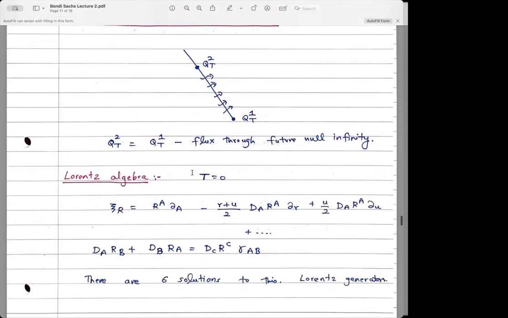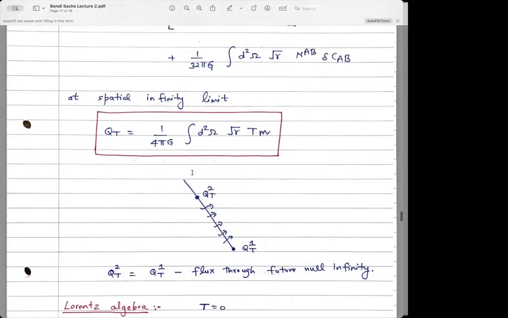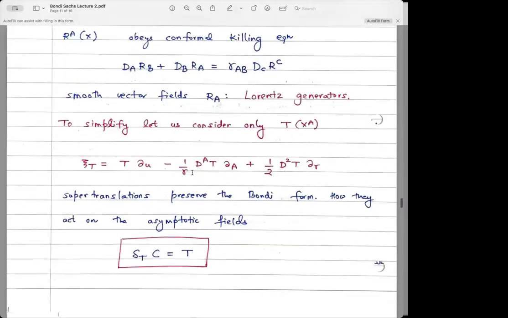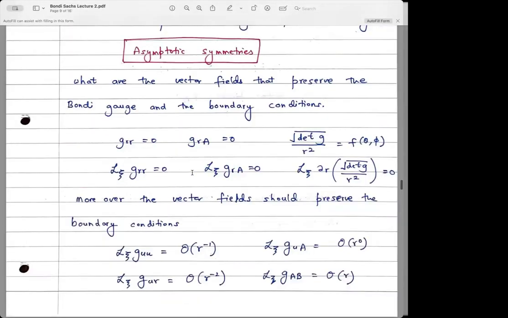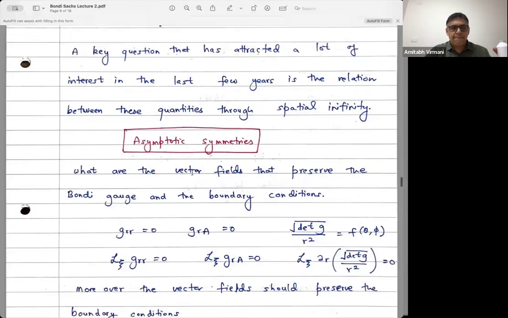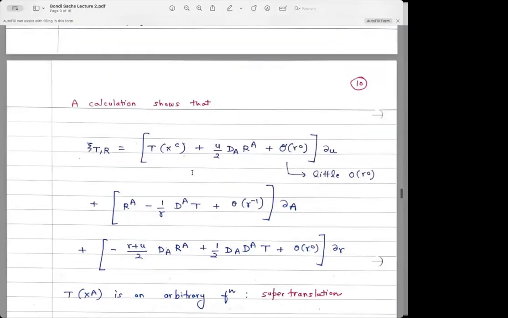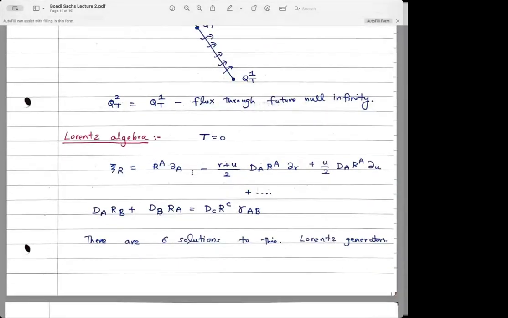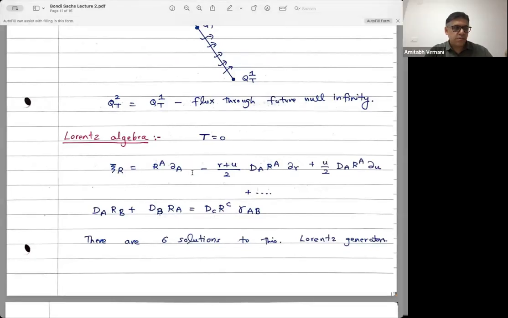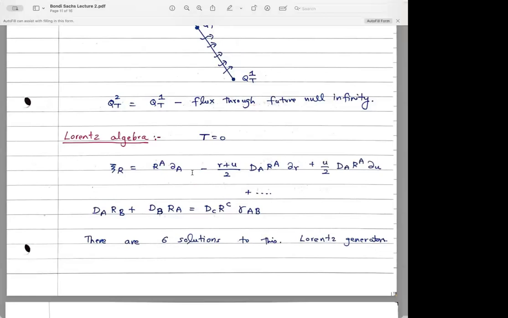As we know, there is some extension of the BMS group that has recently been achieved. So this conformal Killing equation had also been recovered there, probably, but probably the smoothness of this vector field was relaxed, right?